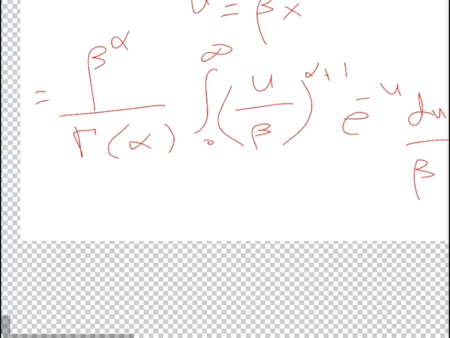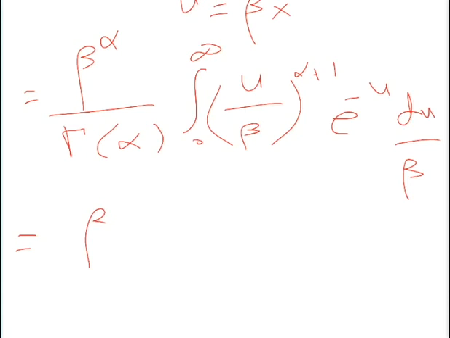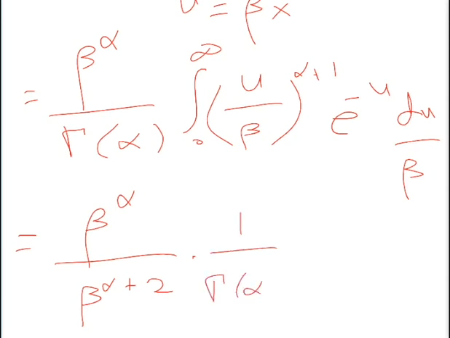Then I get here beta to the alpha over beta to the alpha plus 2, times 1 over gamma of alpha, integral from 0 to infinity of u to the alpha plus 1 e to the minus u du.